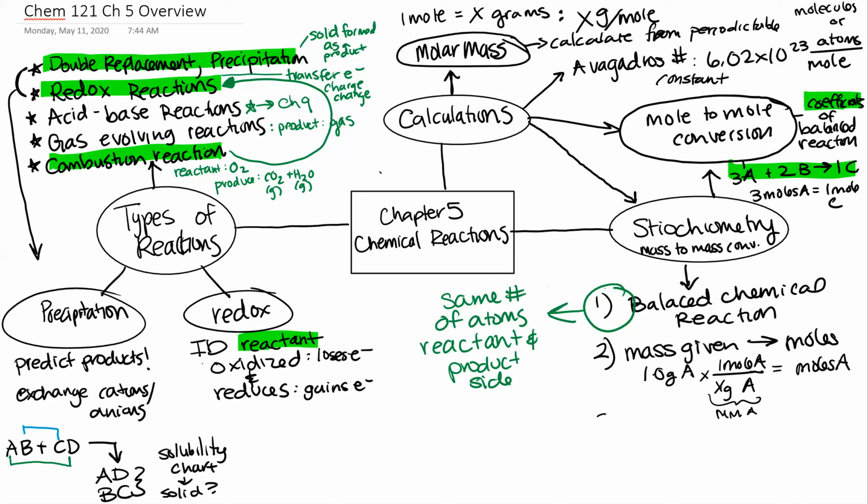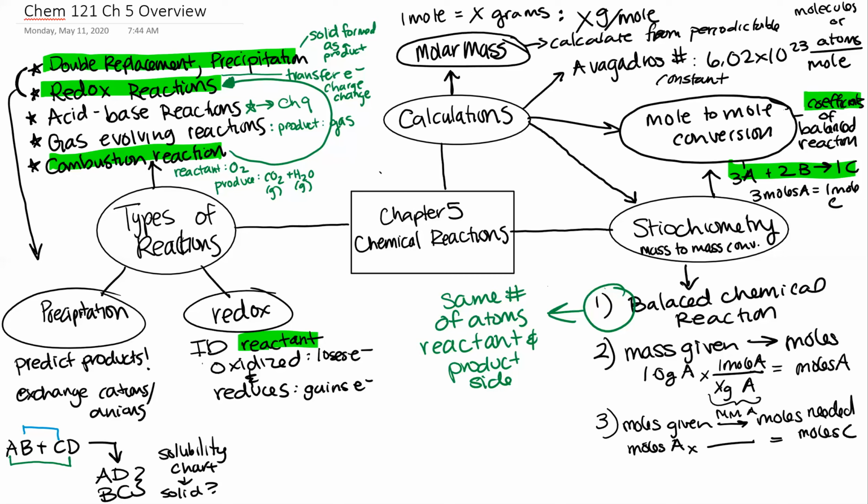The next step will always be to convert between the moles that I'm given and the moles that I'm asked about. So let's say I'm focused on C, I'm trying to predict the products. Then I would take my moles of A and convert into units of moles of C, my product.